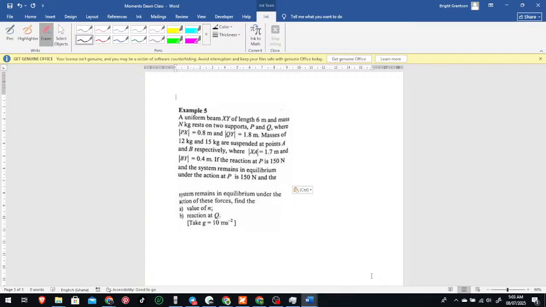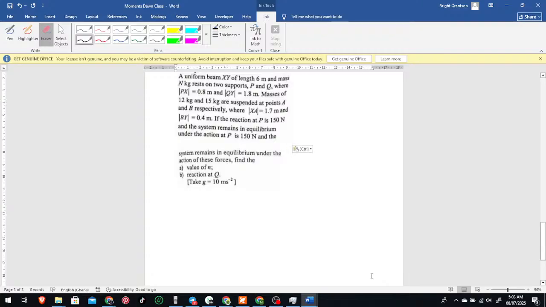So a uniform beam XY of length 6 meters. So from here to here. So our drawing is ready. Maybe a line. If I write it on my writing pad, let me use the shapes.